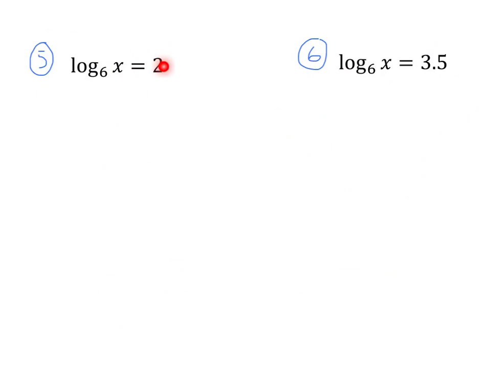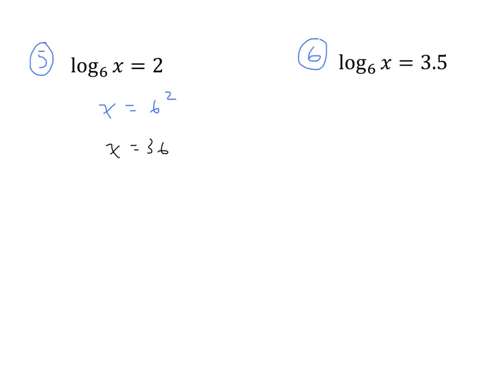That's the exponent that I need to raise 6 to get x. So in other words, our x has to be 6 squared, because this 2 is the exponent I raised 6 to get our x value. So x would be 36.